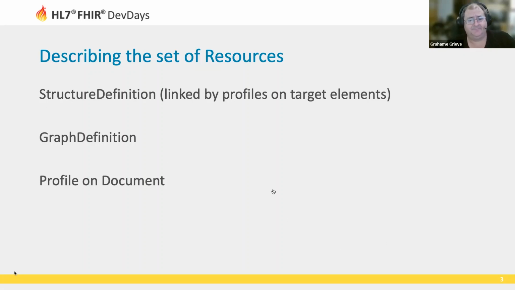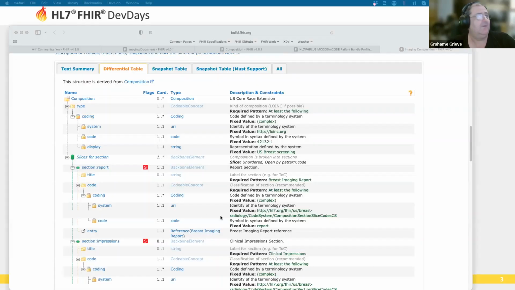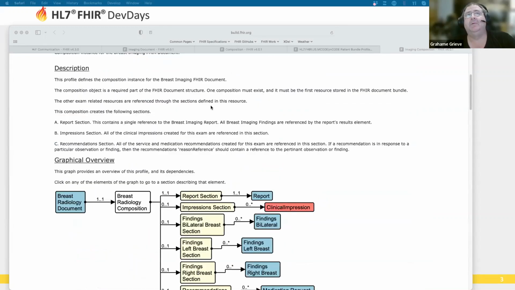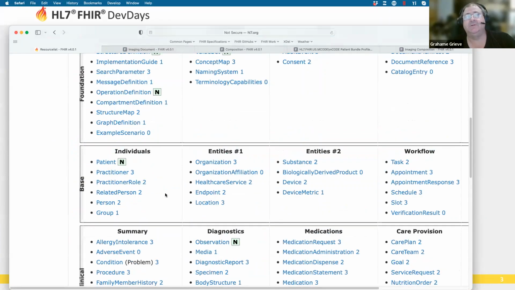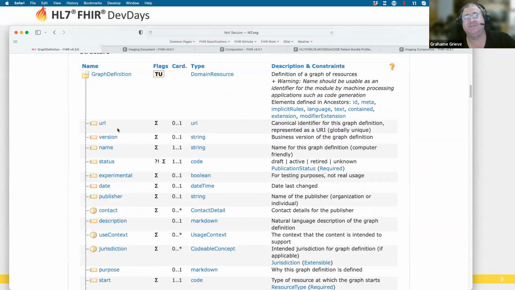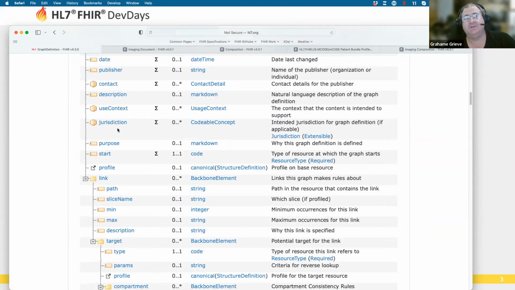Graph definition is a resource that also hasn't gone many places. There's parts of the community that really, really like it a lot, and other parts that go, meh, we don't see the need.